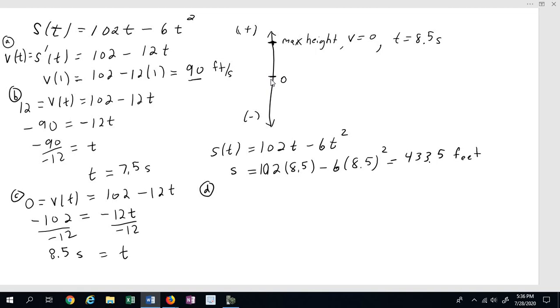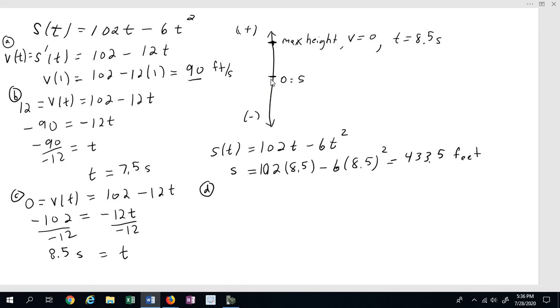Okay, so what we're going to do is find the velocity of this object right when it hits the ground, which means the position of the object is 0. So s would be 0 when it hits the ground.